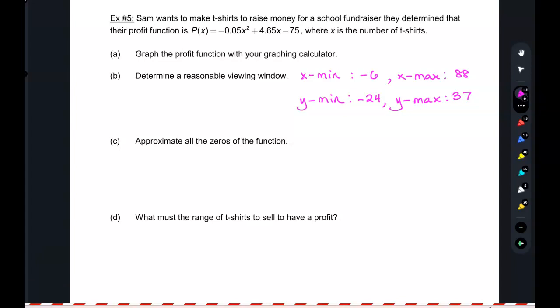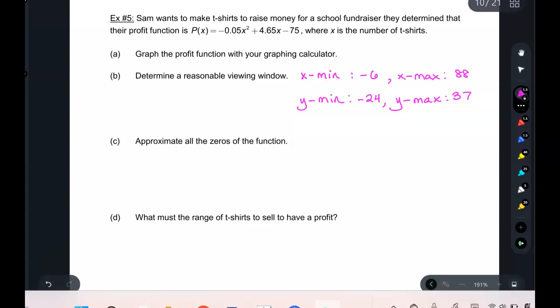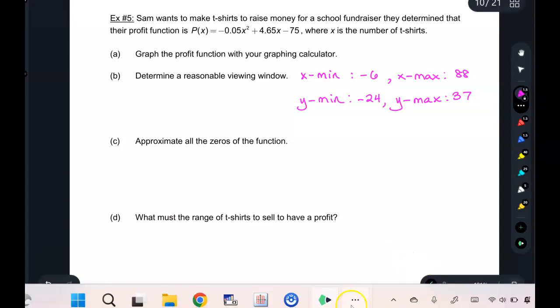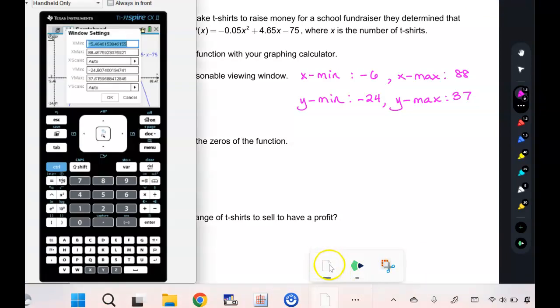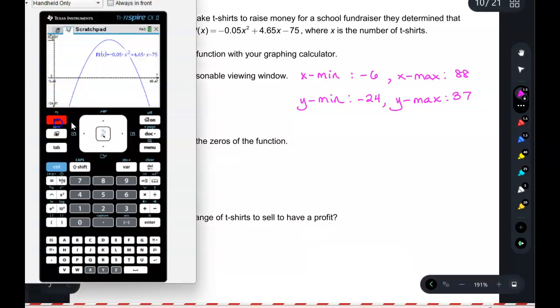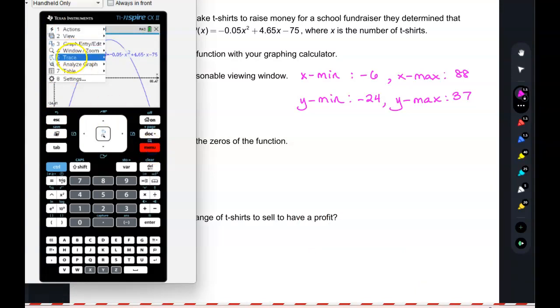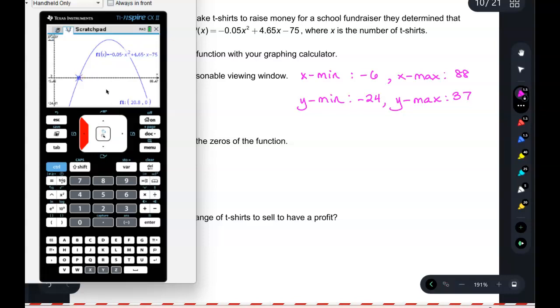I got 20.8. Did you do trace? I did. And the other one I got like 69.7, but it's not zero. Oh, that's okay. So 20.8. Is that what you guys got?